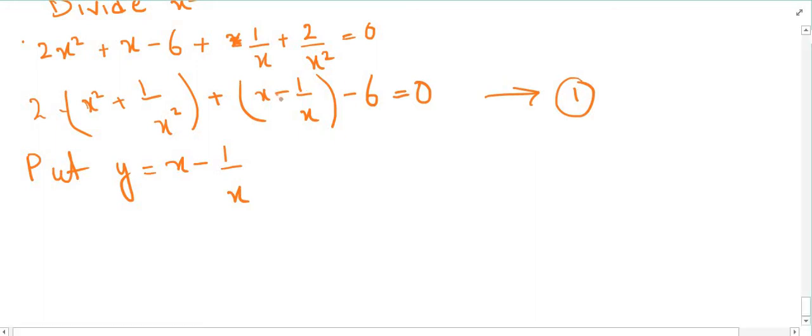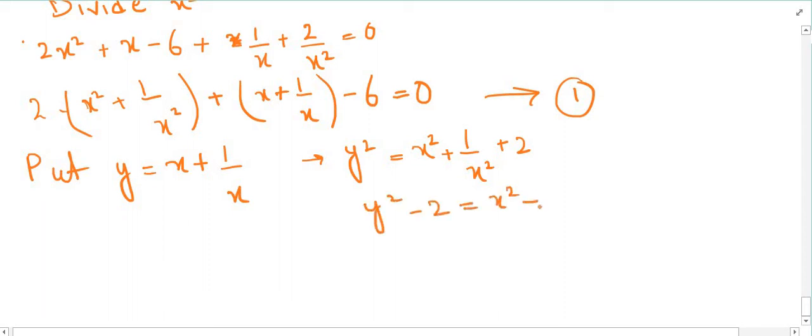Squaring, this becomes x square plus 1 over x square minus 2. So y square plus 2 equals x square plus 1 over x square.